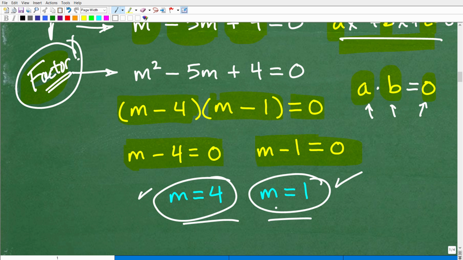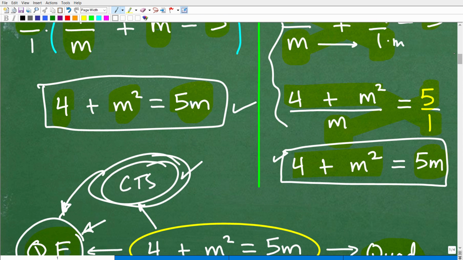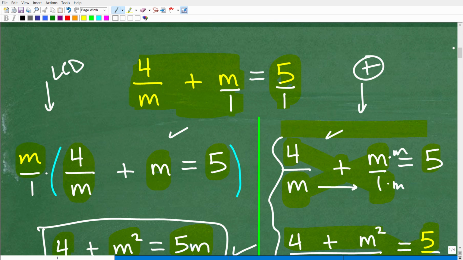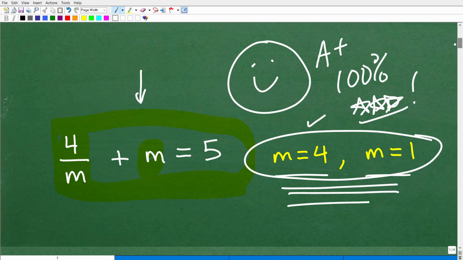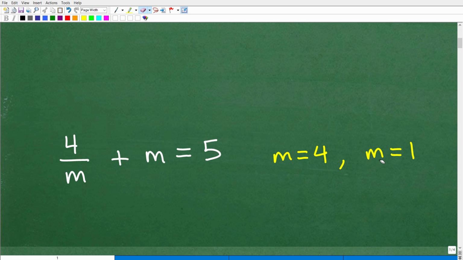Anytime you're multiplying both sides of the equation by a variable, which we did over here, you could create extraneous solutions. So let's go back up to our original problem and check this real quick because we don't want to make any errors. We have m is equal to 4 and m is equal to 1.